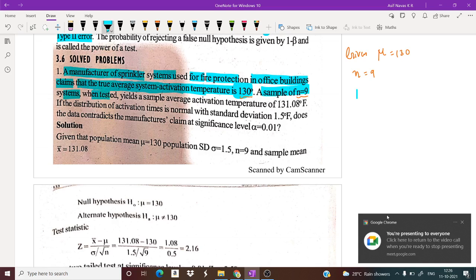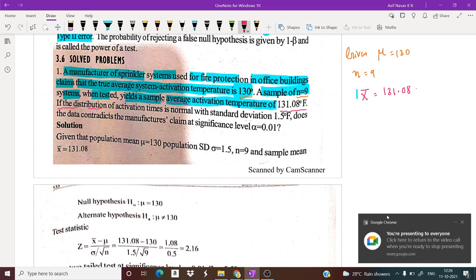We are taking 9 systems and computing the sample average activation temperature. The sample average x bar is 131.08.